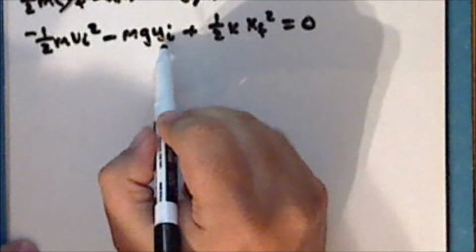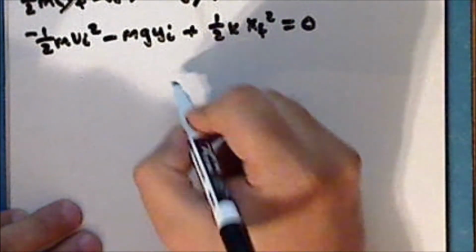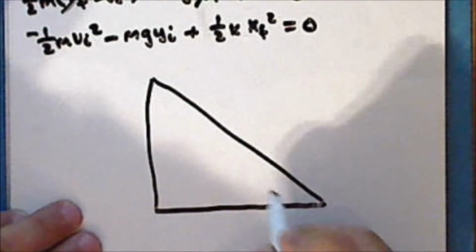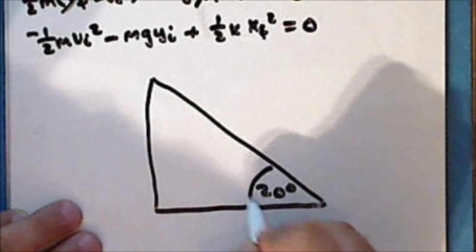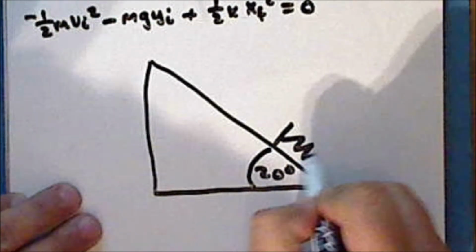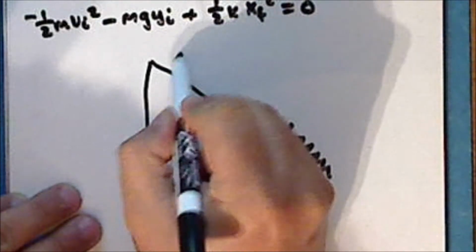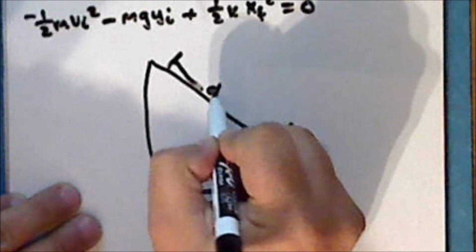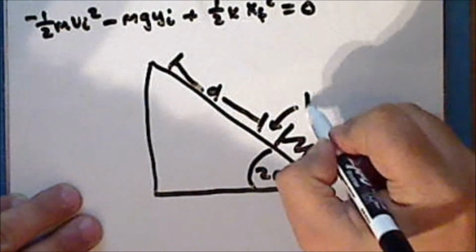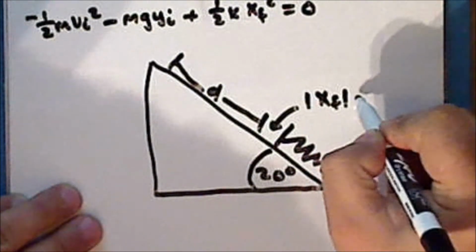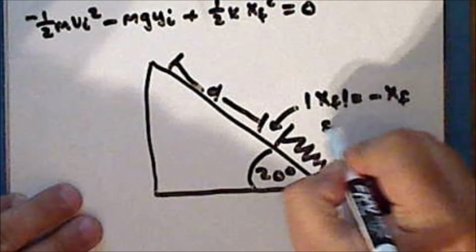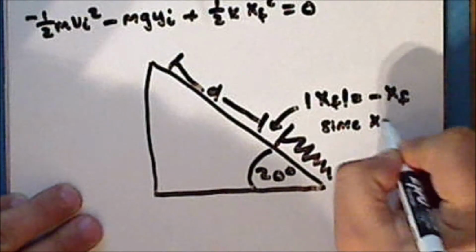Now we need to determine the initial height in our reference frame. Now the block moves through a distance d plus a distance that is equal to the magnitude of the compression, which is the negative of the final position, since it is a compression.